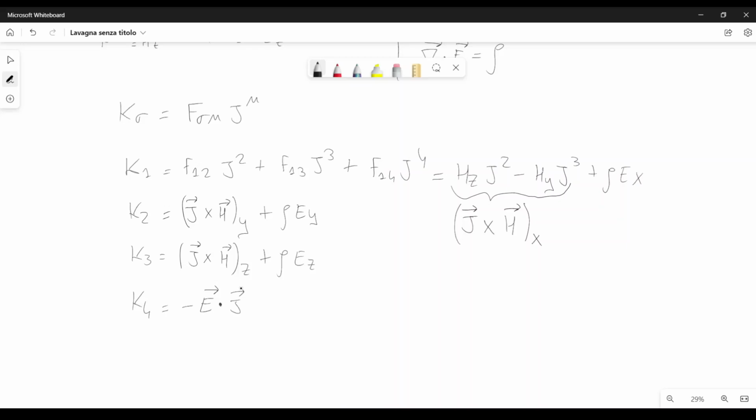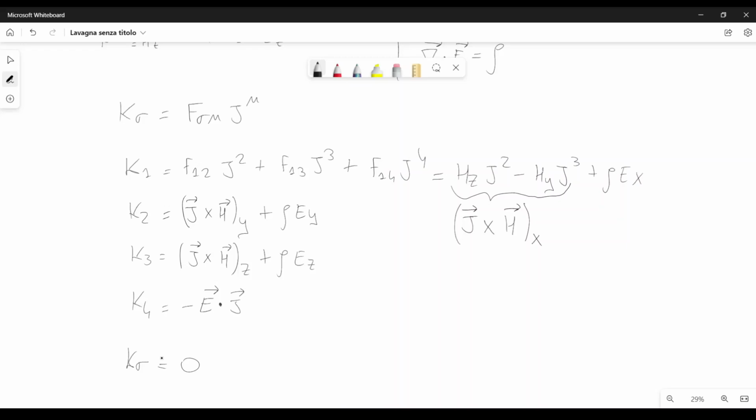So k1, k2, and k3, as you can see from the formula, are related to the Lorentz external forces per unit volume. This is a simple observation. Whereas k4 here is related to the work performed by external forces. So if there are no external forces, we know that k sigma should be 0.